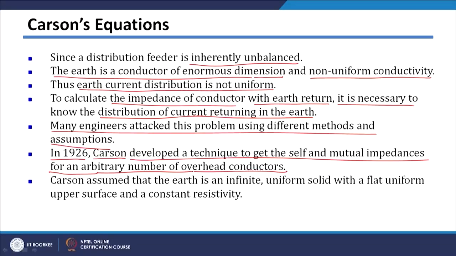However, actual Carson's equations consist of infinite series, which will be difficult to calculate. So, in due course of time, many people have modified these equations so that we can easily use them for power system studies or distribution system studies.